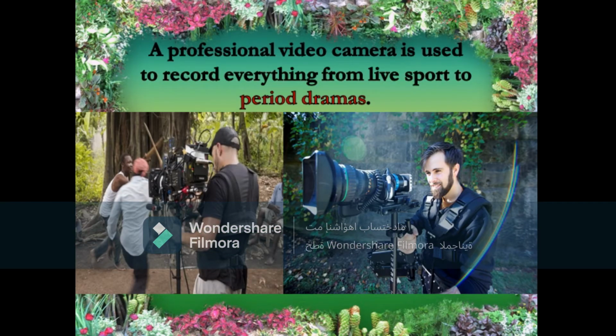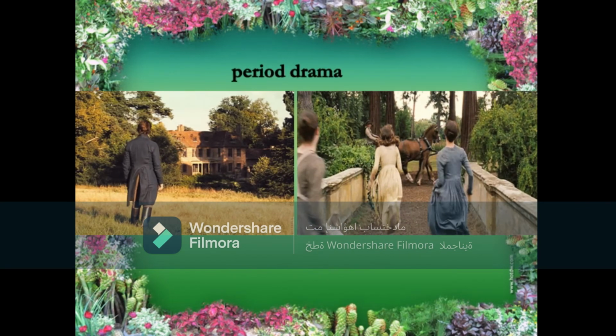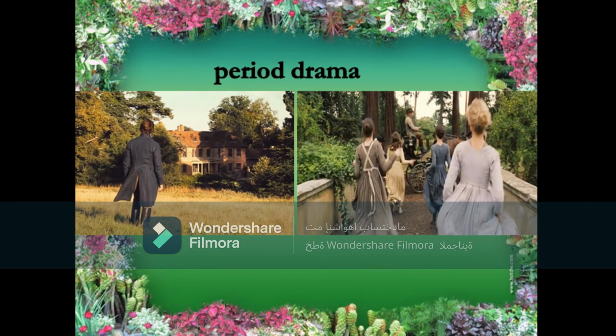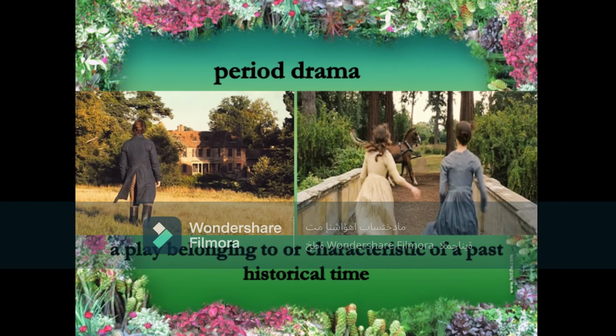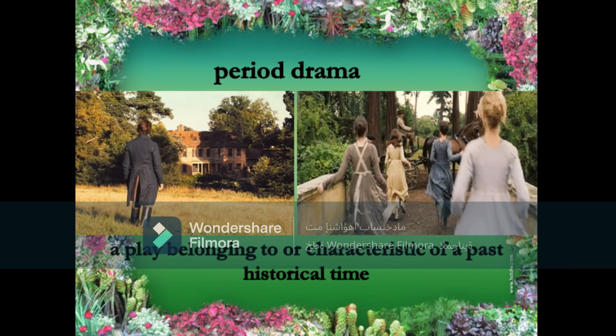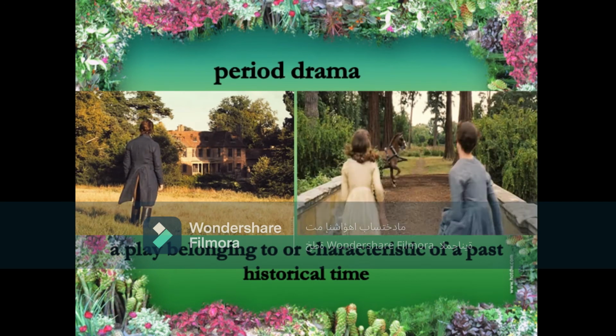A professional video camera is used to record everything from live sport to period drama. Period drama. The definition, as usual, a play belonging to or characteristic of a past historical time.